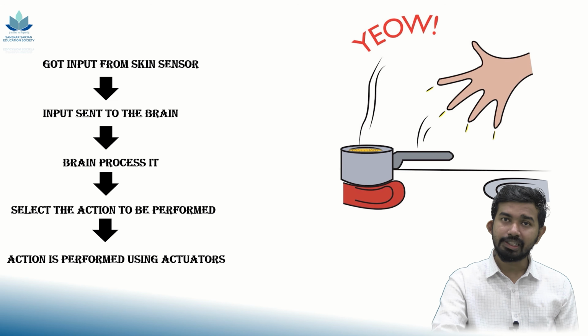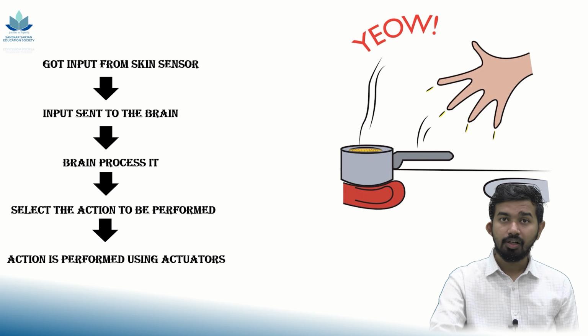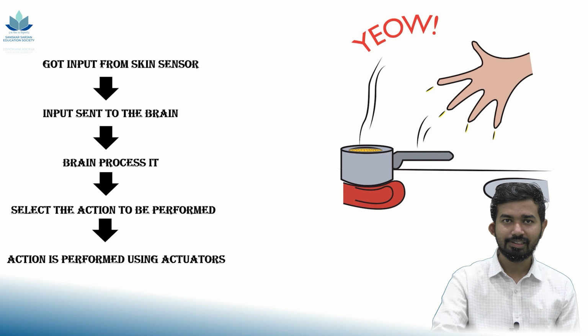The brain will process it and decide what action to be performed. Now, the brain has decided that the hand should be taken away from that hot pan. That particular action will be sent to the hand, so that you quickly pull your hand away. So that is the intelligent agent.